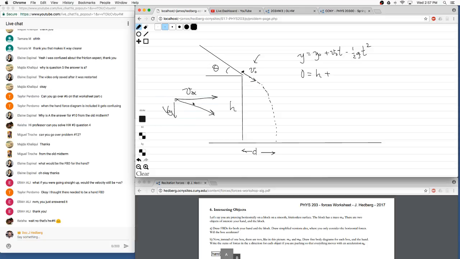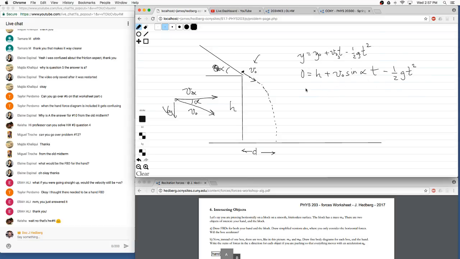And angle theta is, I guess I called it alpha in the problem. I should stick with alpha. Angle alpha is right there. So I know that v naught in the y direction is going to be equal to v naught times sine of alpha times t minus 1/2 gt squared.